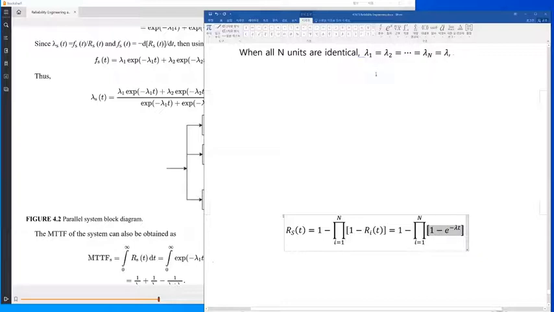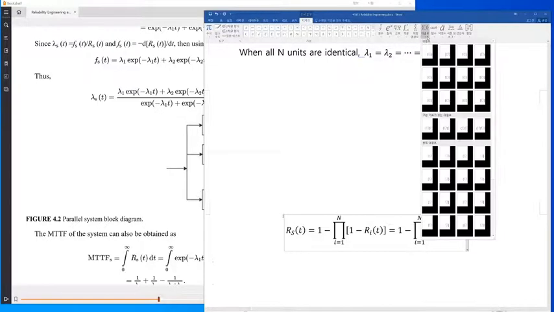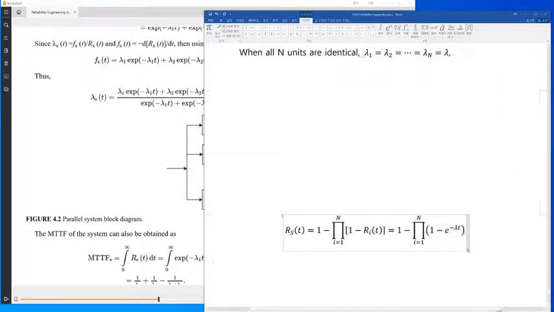So I better use a parenthesis instead of this bracket. And we are going to multiply this n times.